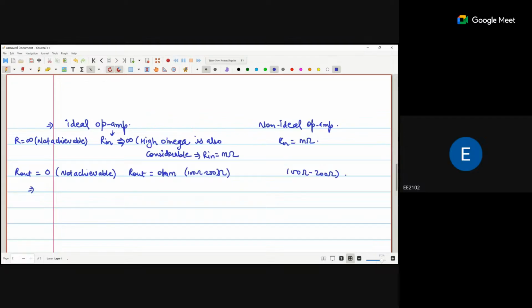But the ideal op-amp is frequency independent.